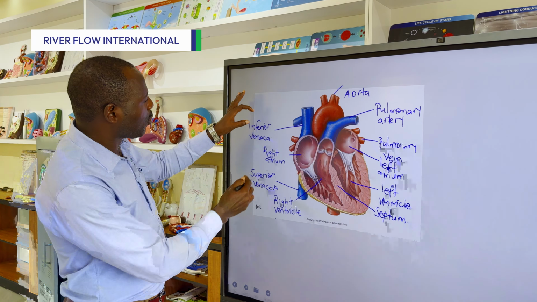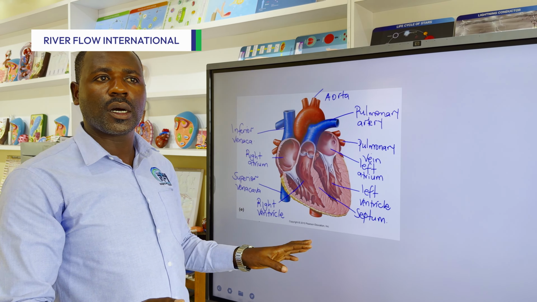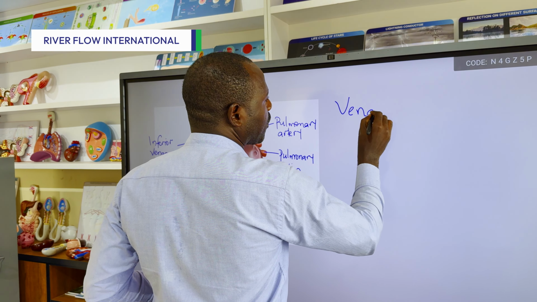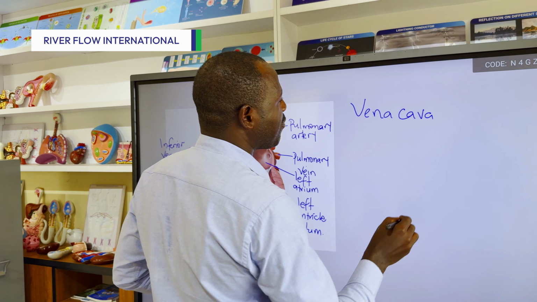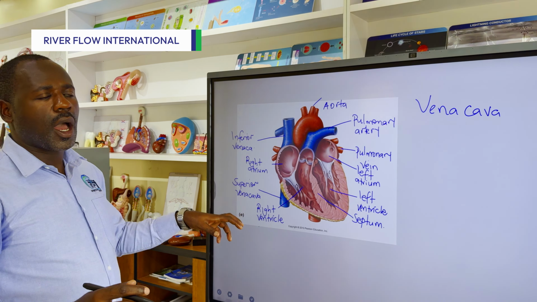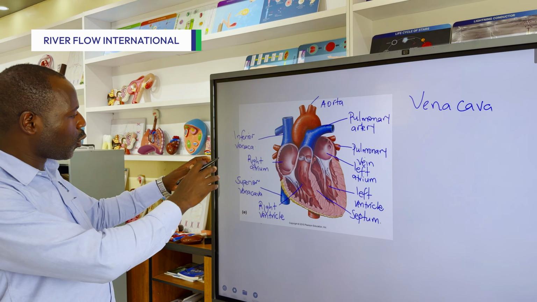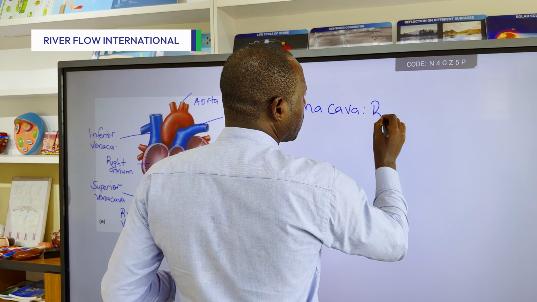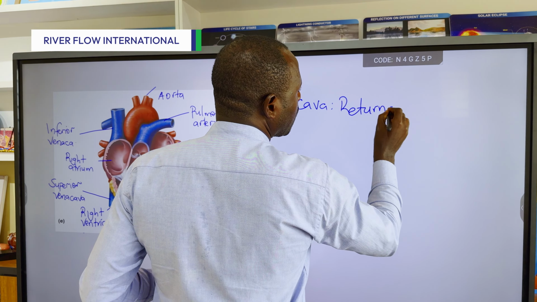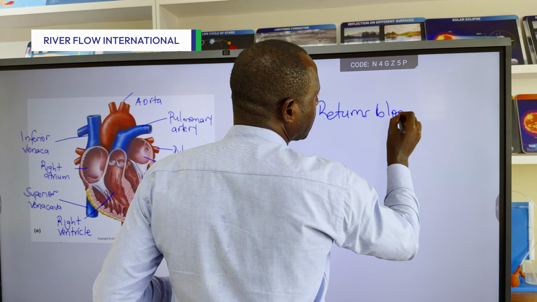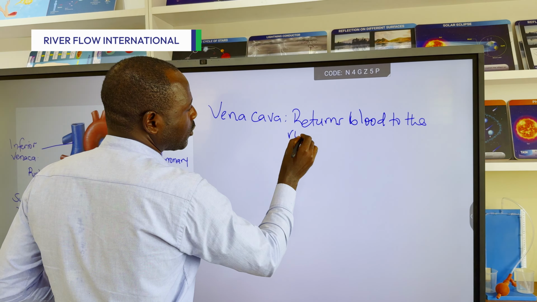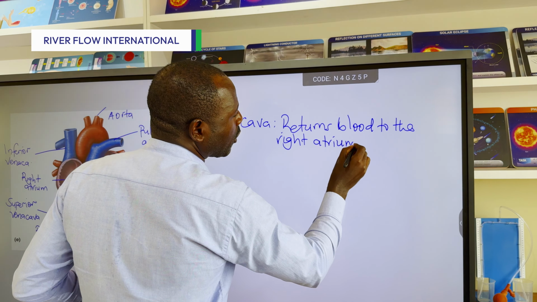Let me begin from vena cava. Normally when we are teaching primary level, we call it vena cava. We don't go into the inferior and the superior vena cava, but the whole of it, vena cava. The use of the vena cava, it returns blood to the right atrium.